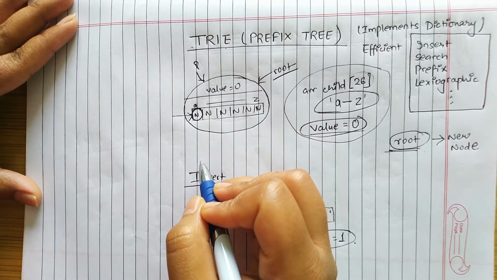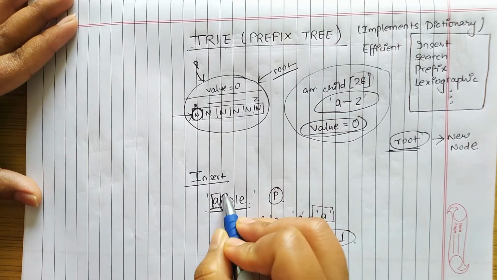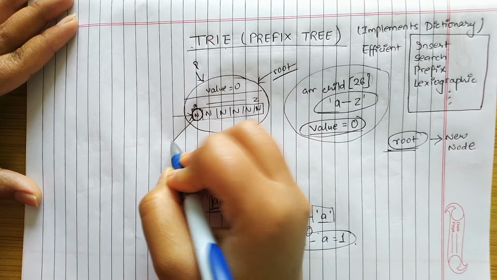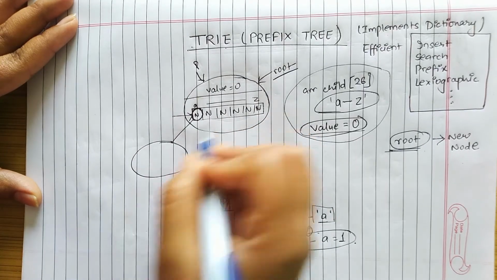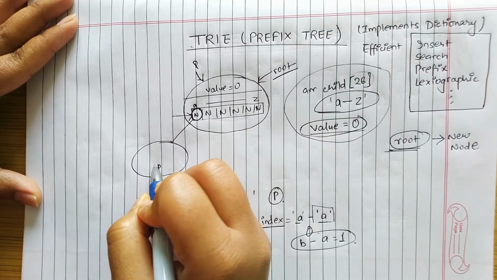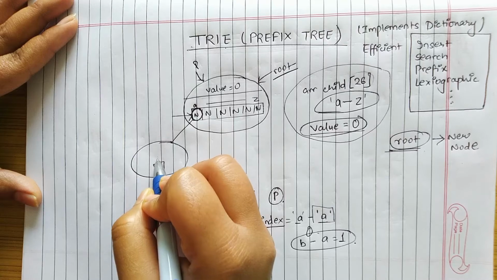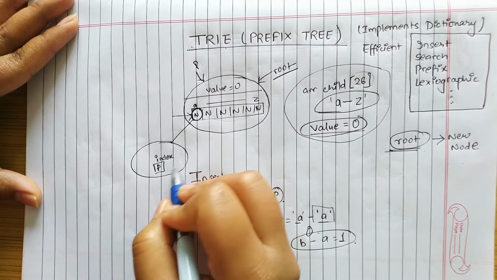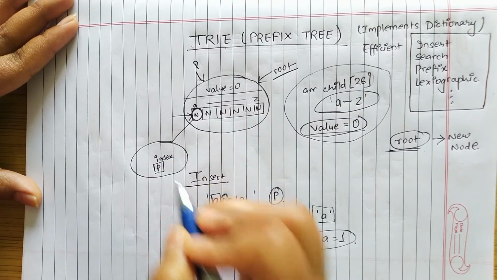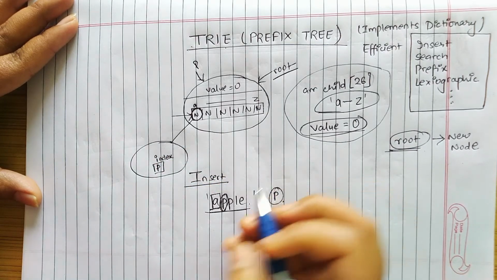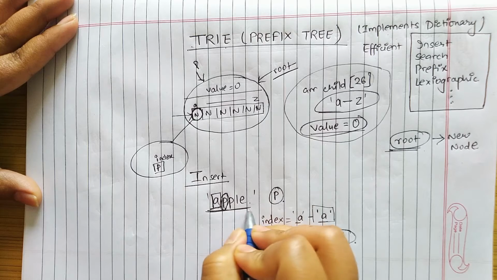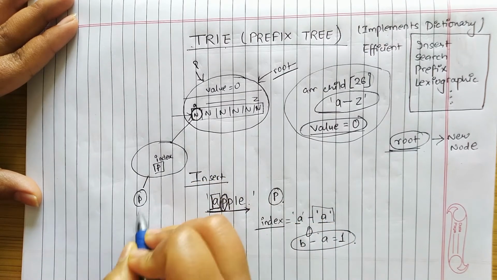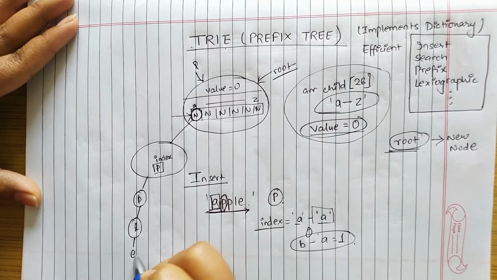After that, for the next letter p, it will make a new node connecting with a, entirely the same as this, and it will store p at its right position index. So this is how p will be stored. Then you iterate through the entire string, and put a, p, p, l, e, with e at the last node.